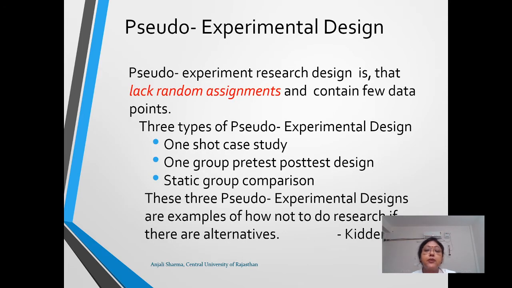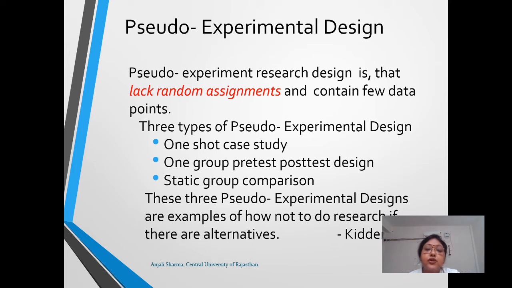So pseudo-experimental design. You know this word pseudo. Pseudo actually means false, and in biological sciences we use this word pseudo for denoting various animal structures, and specifically in the case of the amoeba we use pseudopodia. So here pseudo means false experimental design.